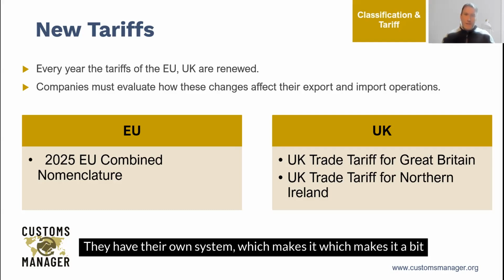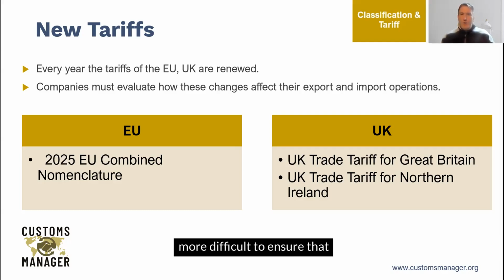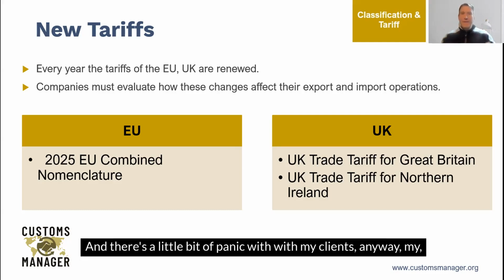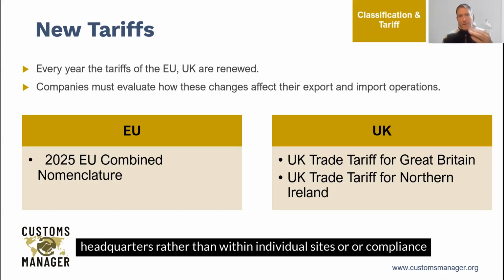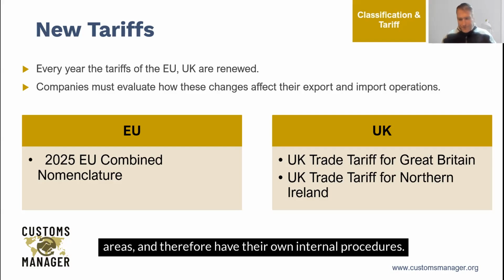They have their own system, which makes it a bit more difficult to ensure that you have updated your tariff correctly. And there's a little bit of panic with my customers on when and how to change. Because tariffs are usually maintained in an ERP system, maybe at global headquarters, rather than within individual sites or compliance areas, and therefore have their own internal procedures.